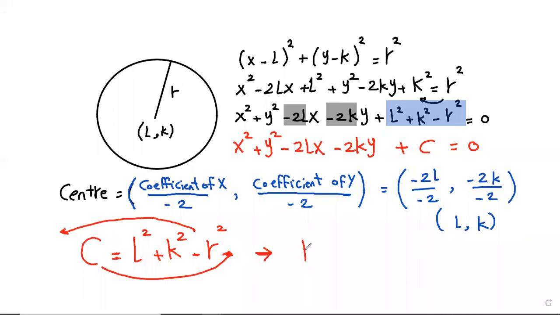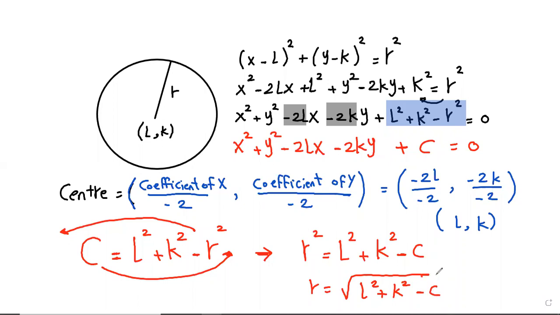It will be r to the power of 2 equals L to the power of 2 plus k to the power of 2 minus c. Sorry for that. So what is r? r is the square root of L to the power of 2 plus k to the power of 2 minus c. Okay.